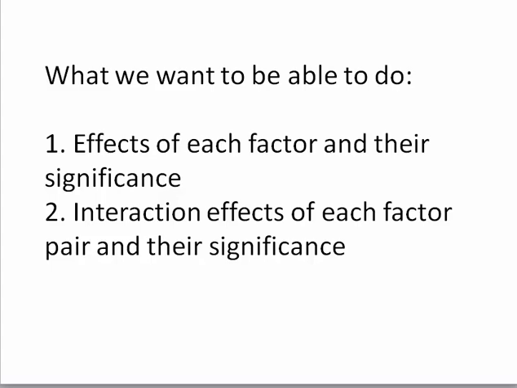So it could be that sunlight and rock salt have a very significant effect on the car's paint durability. We also could look and say, oh, there are also interaction effects of each factor pair. Maybe when it's wet out and you put rock salt on the car, they interact together, and that's when you see the durability of your car's paint go down significantly.